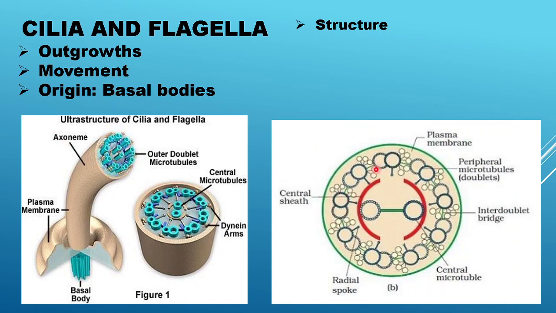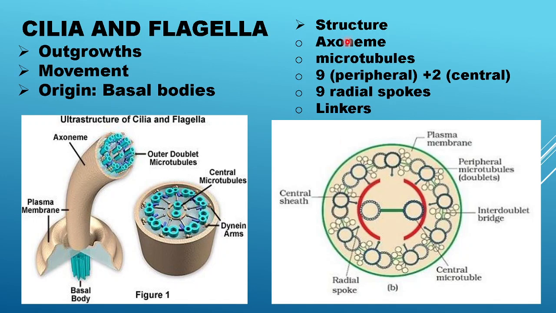So here you have furthermore the diagrammatic view of it. You have the peripheral microtubules which are in doublets, the plasma membrane or the axoneme, then the central microtubule which is a pair, and on the periphery you have 9 such pairs. 9 pairs again interconnected with each other.